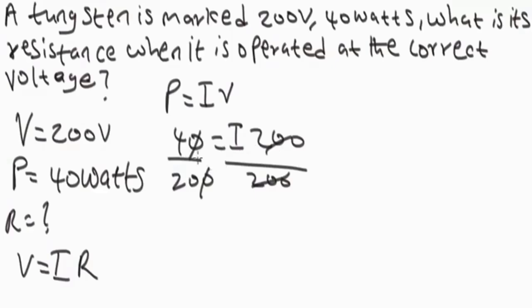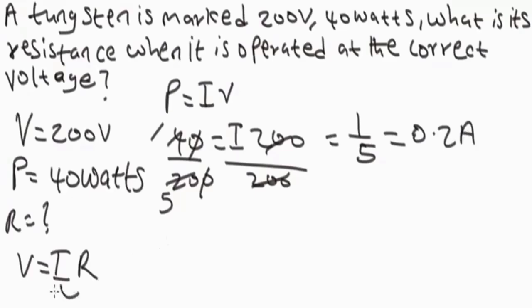So our current will now be 1 over 5, which is 0.2 amperes. So you can now plug it in this formula.